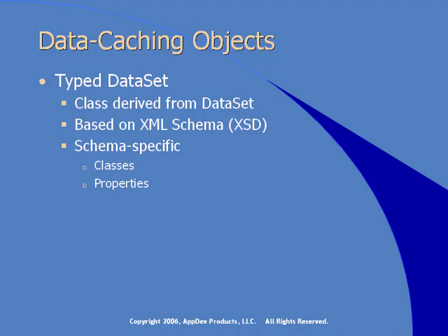And these properties and methods make it very convenient, safe, and performant to work with data sets and data tables in your applications. You're not required to use these typed data sets. You can use generic data sets and data tables, but as you'll see, there are a lot of advantages that come from working with typed data sets.